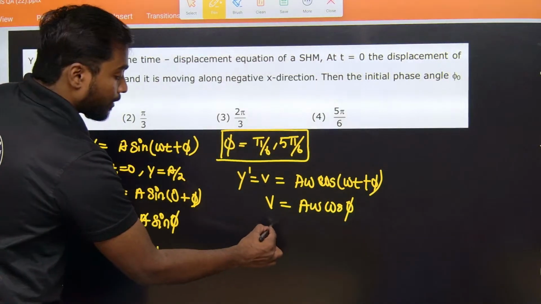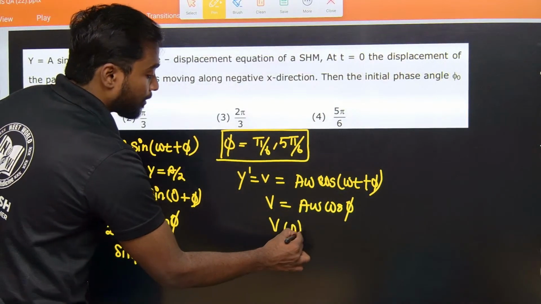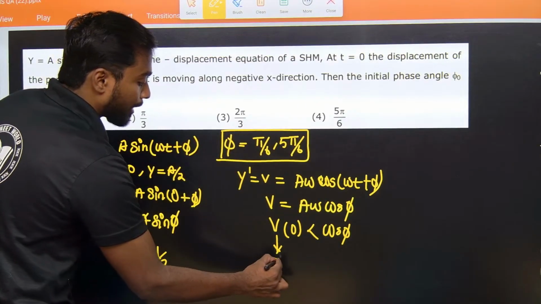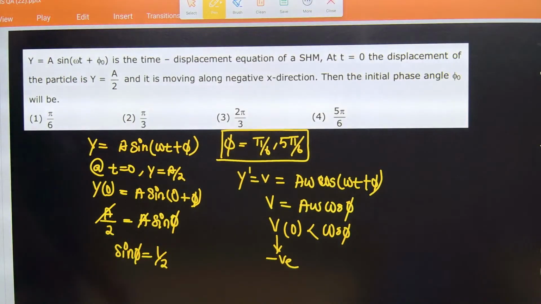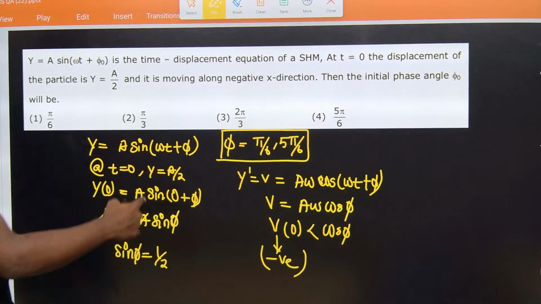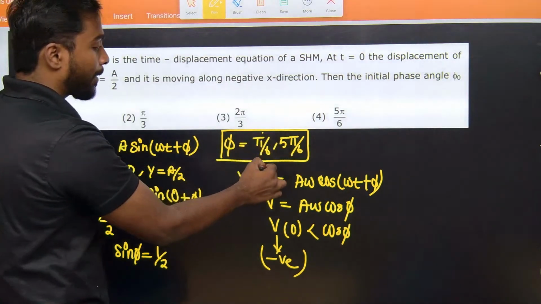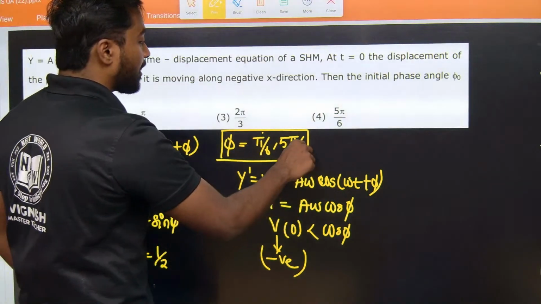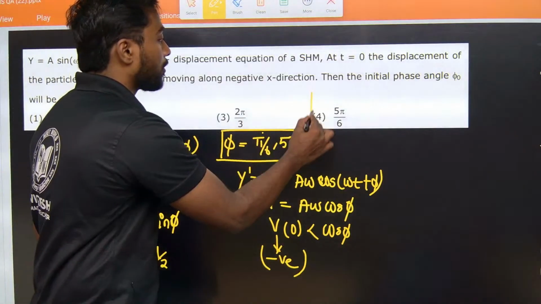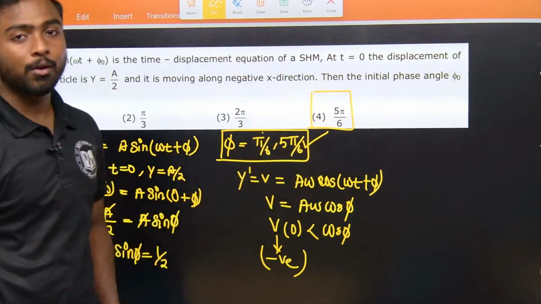When v at 0 is less than 0, cos phi will be negative, so velocity will be negative. Accordingly, when I see the options, pi by 6 or 5 pi by 6, obviously 5 pi by 6 will be the answer. Option 4 is the answer.